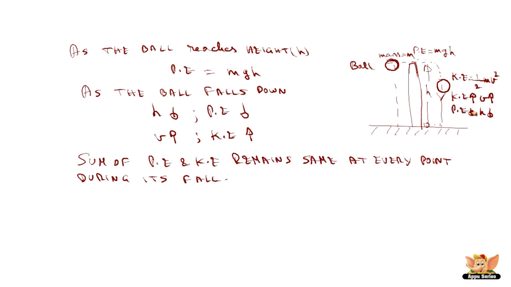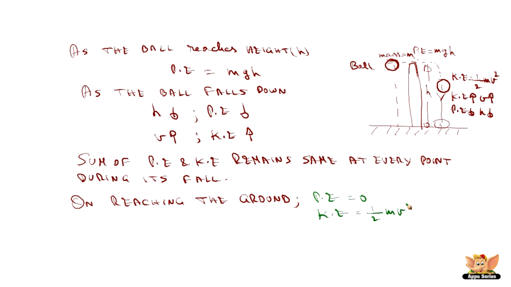Potential energy is converted to an equal amount of kinetic energy when it is at the bottom. So when the ball reaches the ground, the potential energy is 0 because h is 0, and kinetic energy is half mv square. At the height h, potential energy is maximum and kinetic energy is 0.